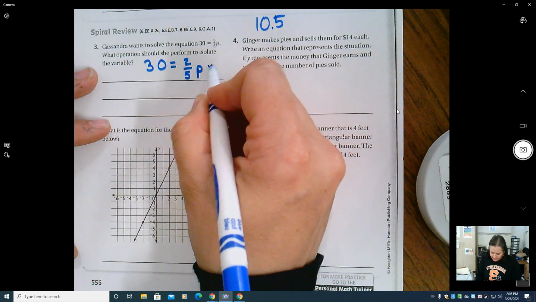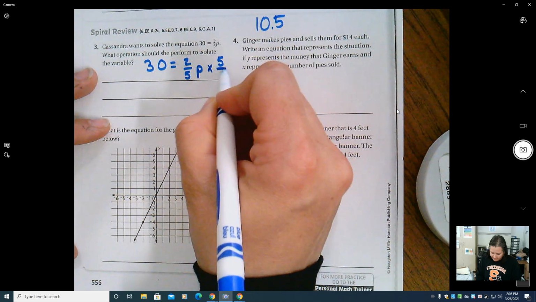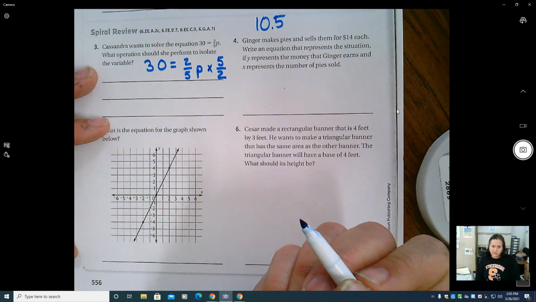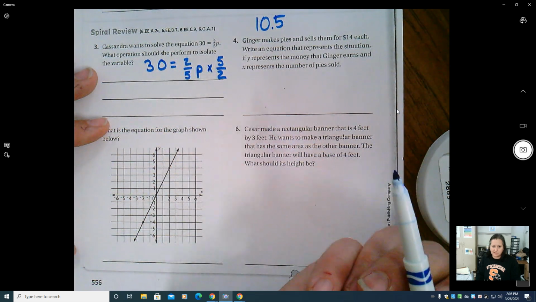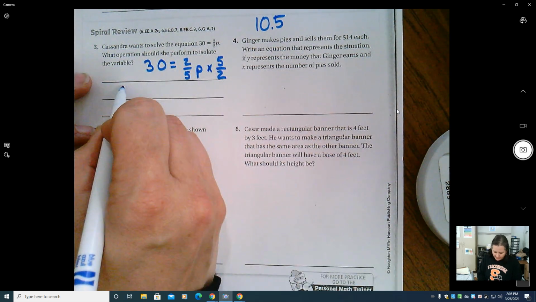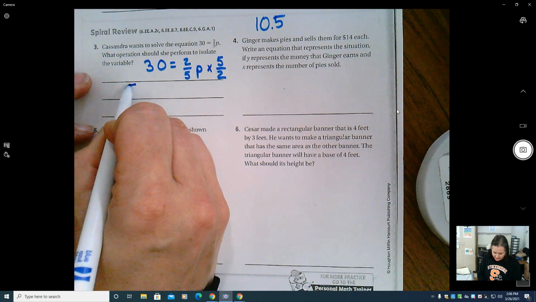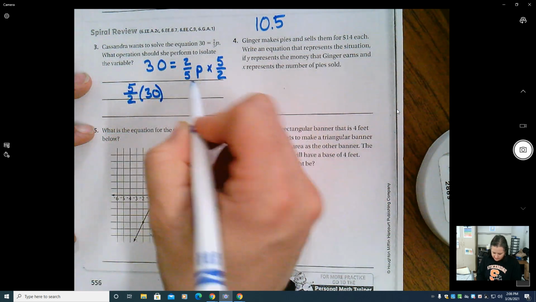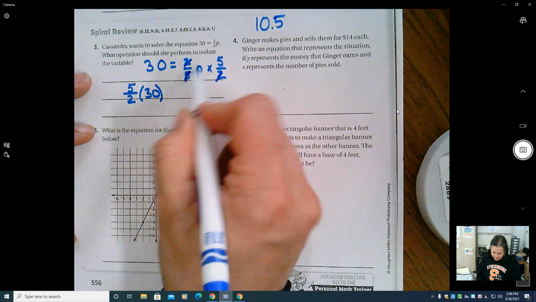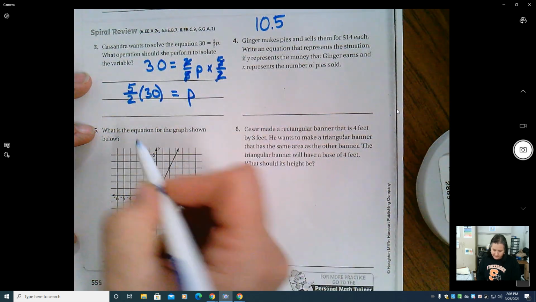So if we just multiply by 5/2 on both sides, that would cancel out these 5s and these 2s. So it gets there all in one step. 5/2 times 30, and this side cancels, so you're just left with p.